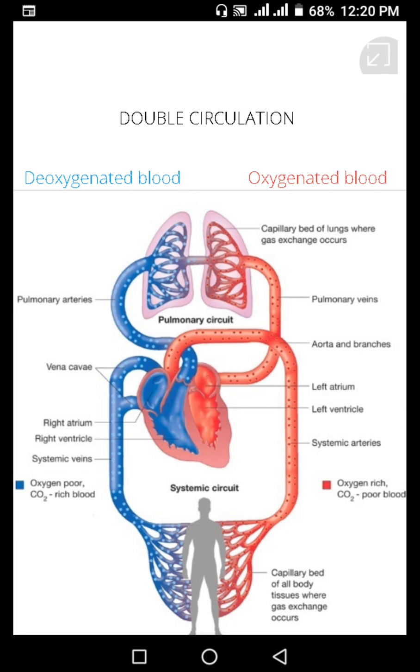So oxygenated blood moves from the lungs into the heart through a blood vessel called pulmonary vein, flows into the left atrium, left ventricle, then out through the aorta to all parts of the body. So basically that is how deoxygenated blood flows in double circulation, and that is how oxygenated blood flows in double circulation.